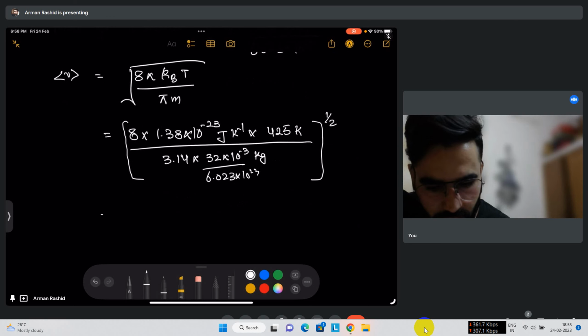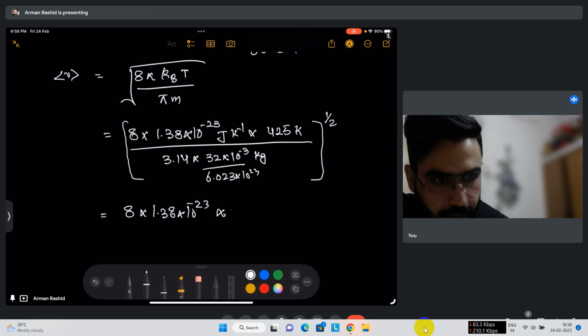So we will write 8 multiplied by 1.38 times 10 to the power minus 23, multiplied by 425.